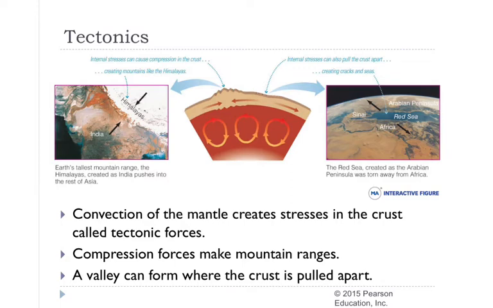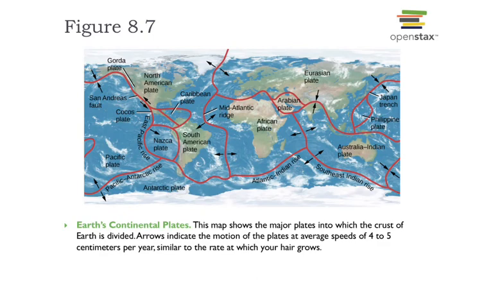Tectonics is the third way that the surface changes. Huge plates can either merge together or pull apart to create mountain ranges or valleys. The Himalaya mountains are a result of two major plates pressing together. Here's an image of the continental plates.